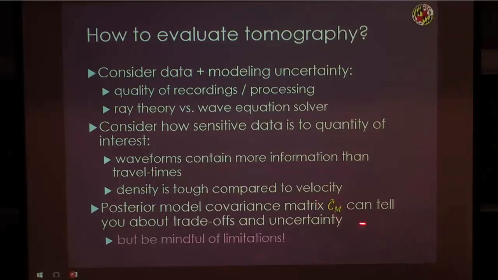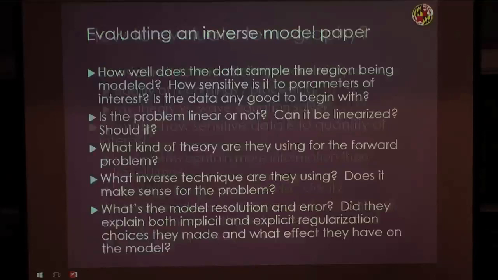And this posterior model covariance matrix can tell you quite a lot, but be mindful of its limitations. Again, there are these approximations that we are kind of hiding sometimes, where we might have a nonlinear problem that we're linearizing, and we don't always show that this CM is a meaningful representation of the uncertainty of our estimates.